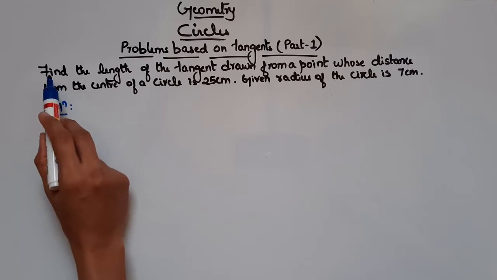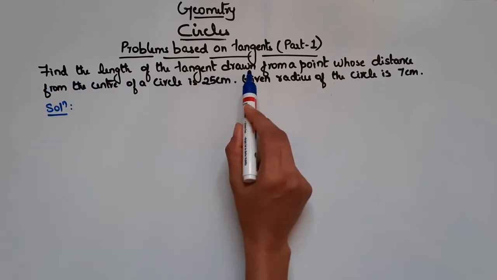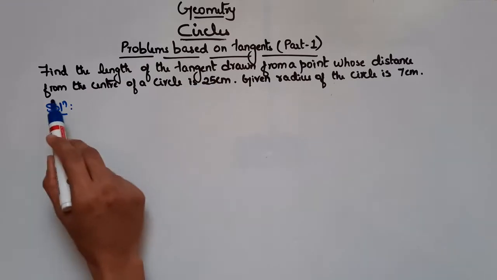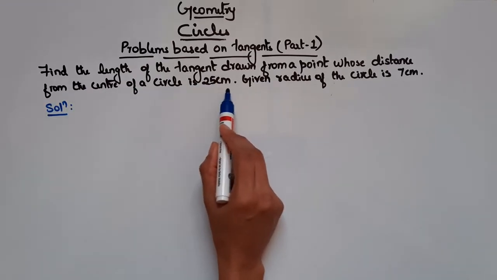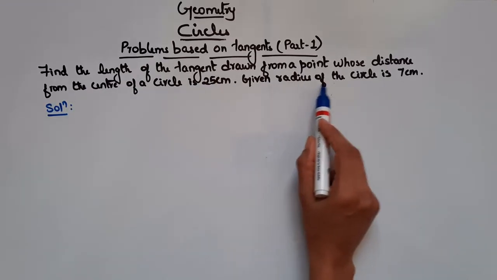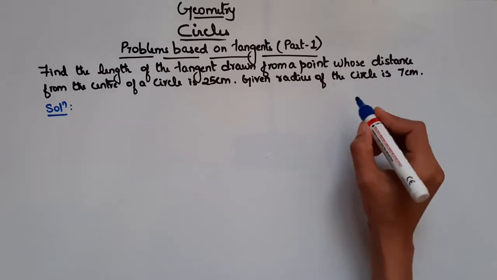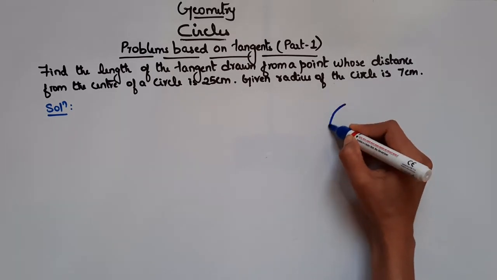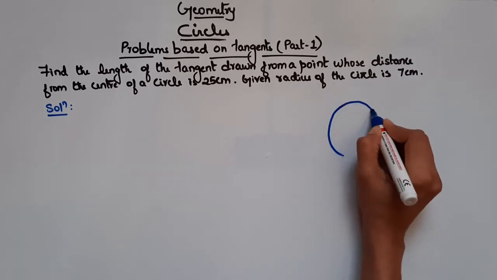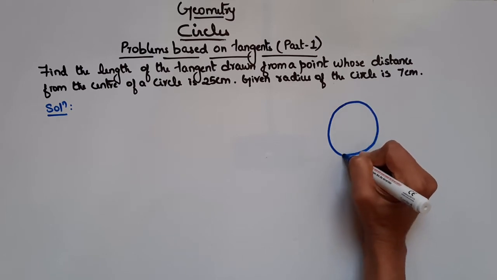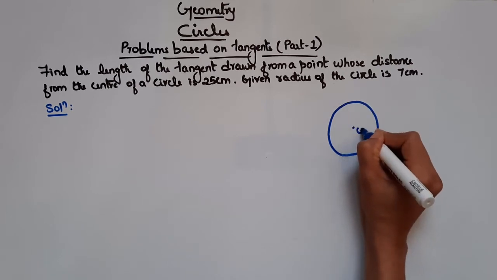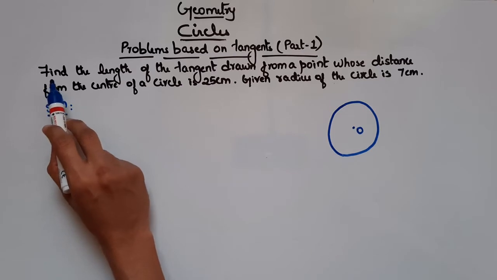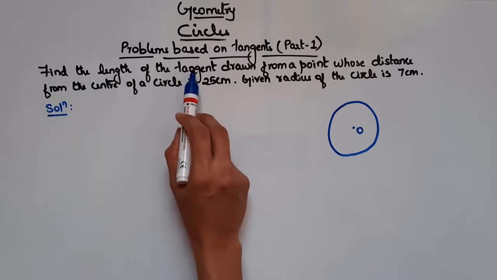Here it says, find the length of the tangent drawn from a point whose distance from the center of the circle is 25 centimeter. Given radius of the circle is 7 centimeter. So let's draw a circle with center O. Here we have to find the length of the tangent.